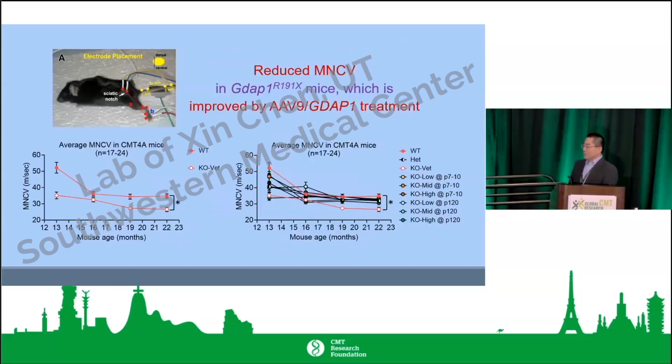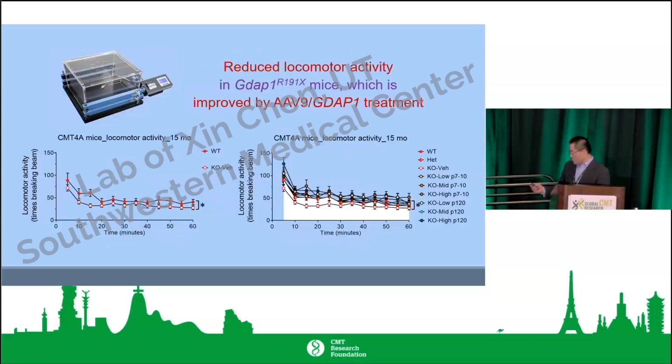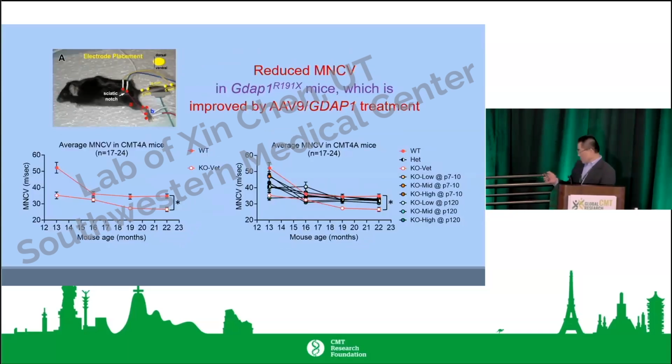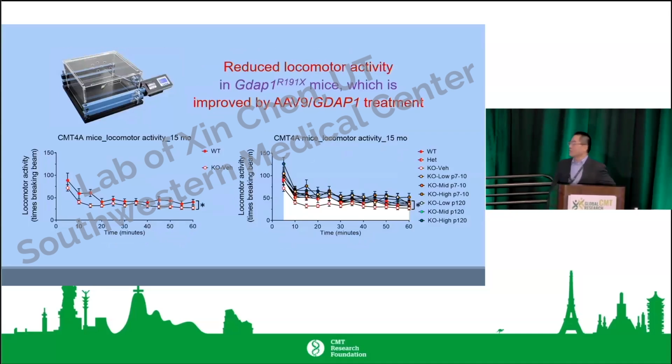We went on to measure the nerve conduction velocity at different ages, starting from 13 months old. We saw reduced nerve conduction velocity in these mutant mice, which is improved by our treatment on the right. Then we looked at the behavior test results, which show reduced locomotor activity in our mutant, again showing improvement with treatment.